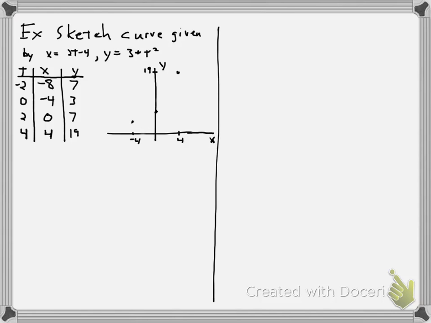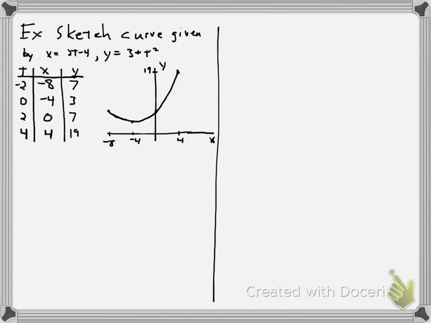And then if we plotted the point minus 8, 7, we would be somewhere around here. Actually, I plotted them in the reverse order. If we plotted them in the correct order and connect the dots, this is what we have.